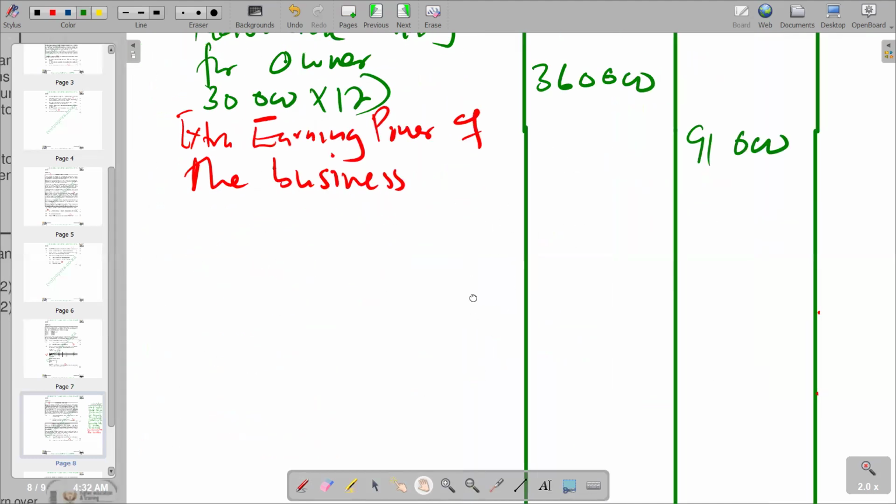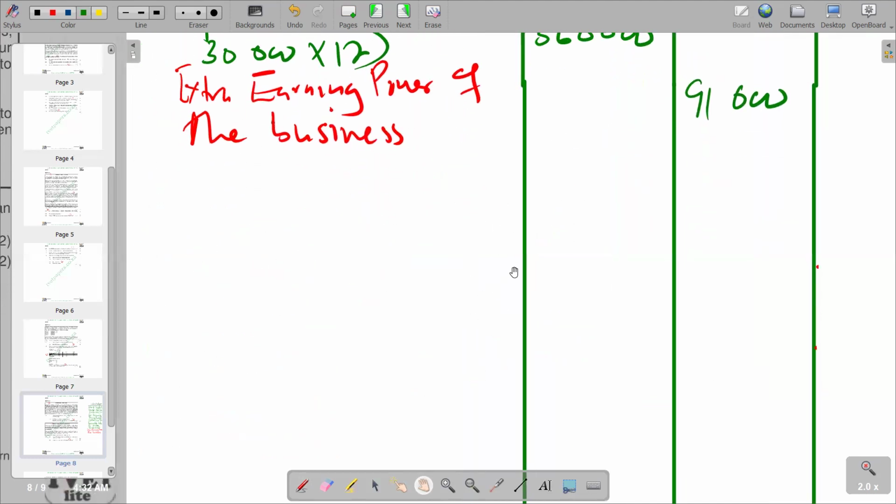And then I believe that now we can calculate the value of goodwill. So we are saying now value of goodwill. Just say the extra earning power of the business, then we multiply by 5.